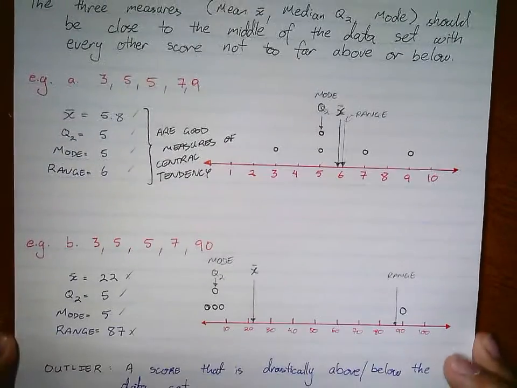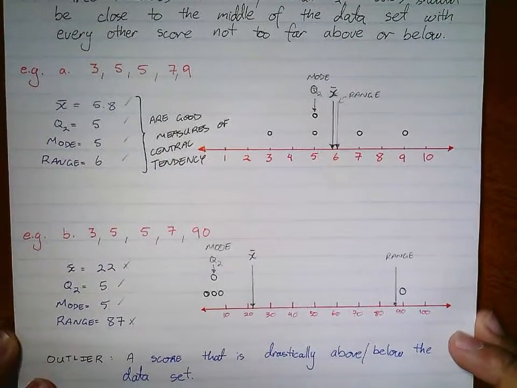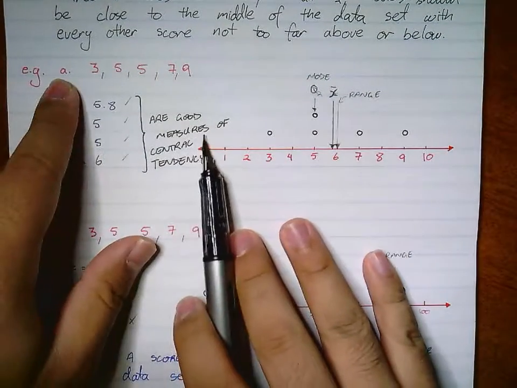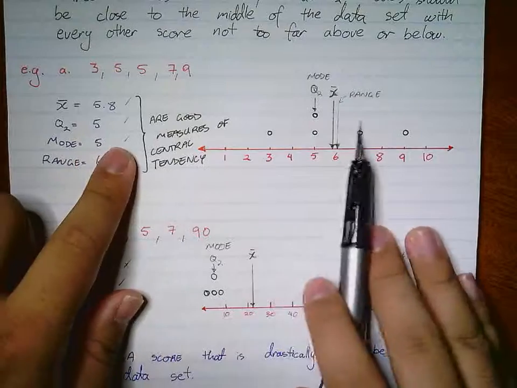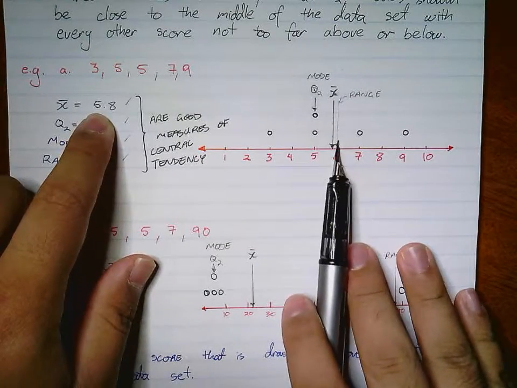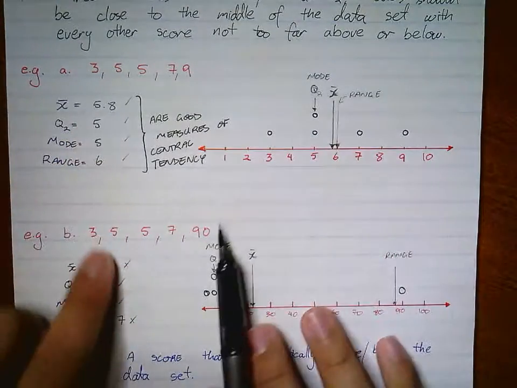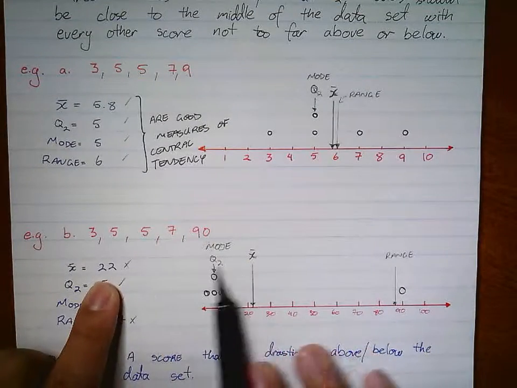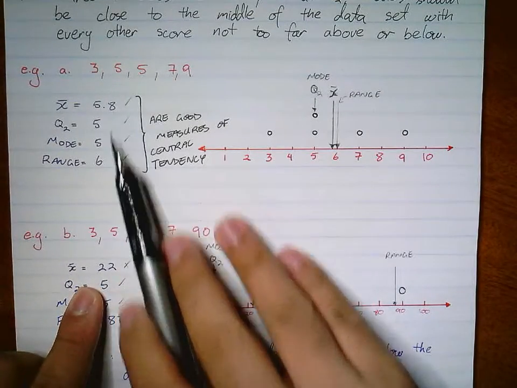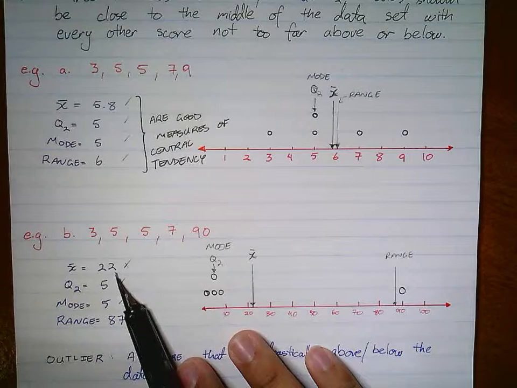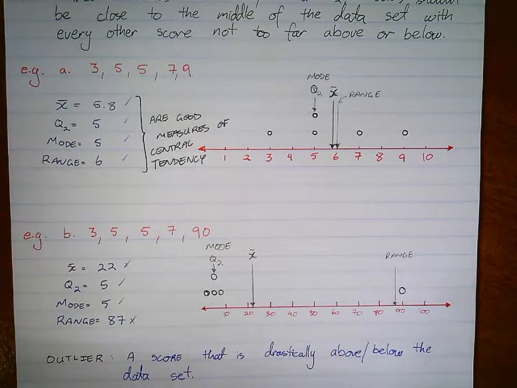As you can see here, if you take a look at the mean in our first data set, it was 5.8. But because we replaced 9 with 90, that 5.8 has been drastically affected to become 22.